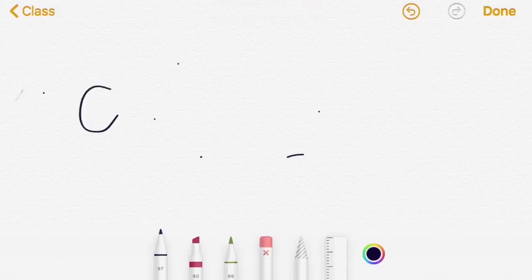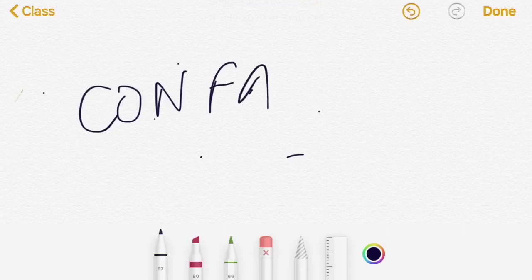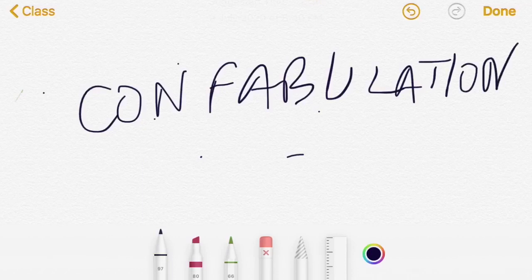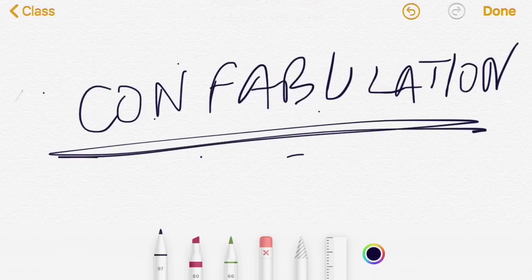That is called confabulation. So, deny the problem and try to confabulate it. Okay, so that is regarding the bilateral lesion within the primary visual cortex.